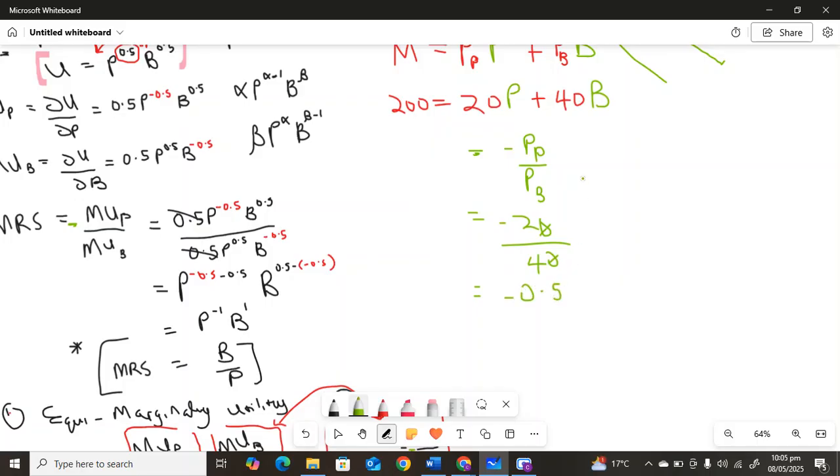So what this slope is telling us is that to get 1 unit of beef, you need to give up 0.5 units of pork.